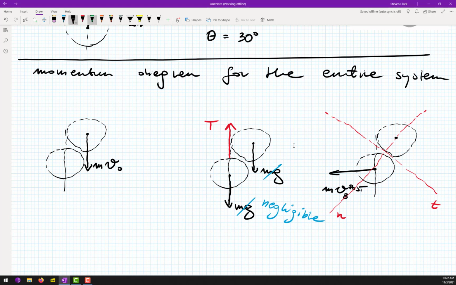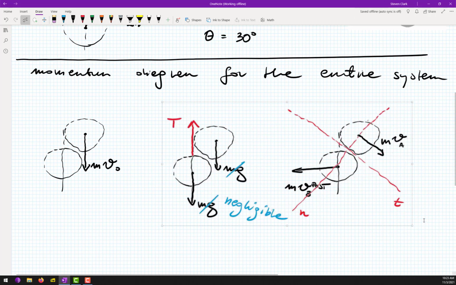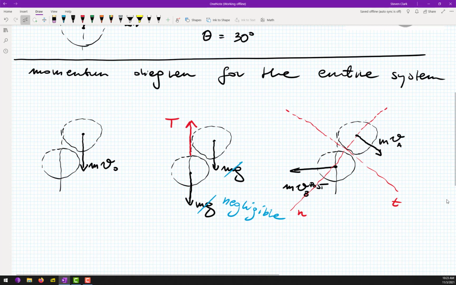Okay, so let's say that this guy will have this velocity, MVA post T. And which direction do you want to assume, guys? Do you want to assume this direction, this one, or this one?